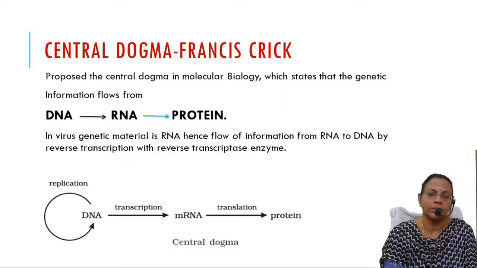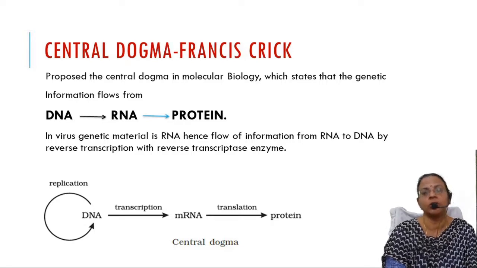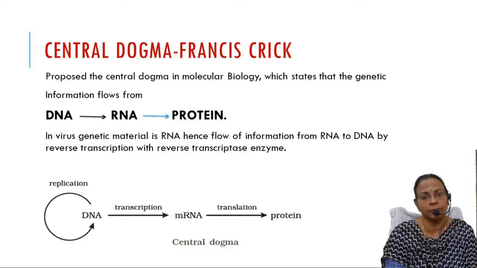It can be in the form of a protein, or sometimes some metabolic activities mediated with the help of an enzyme. So either protein production or enzyme production. All enzymes are proteins. To summarize, the synthesis of protein is regulated by DNA.